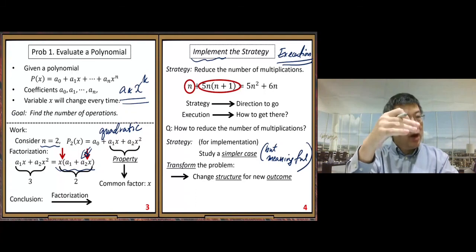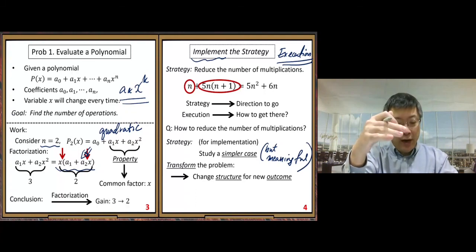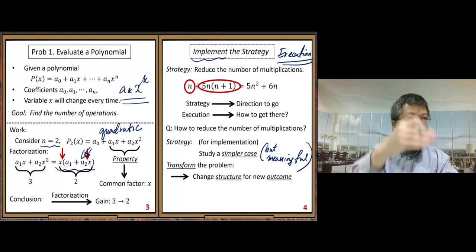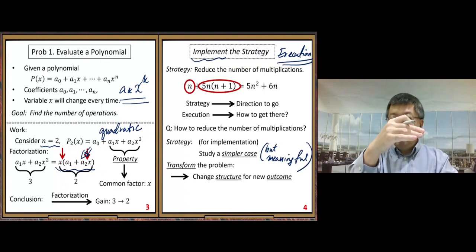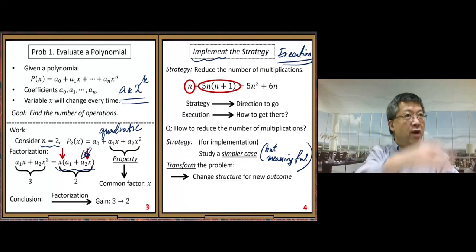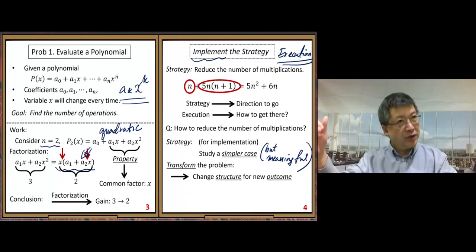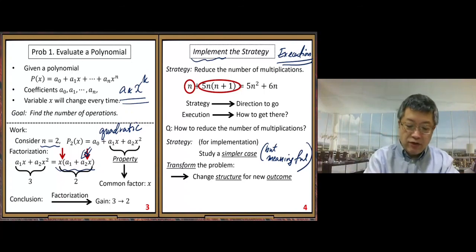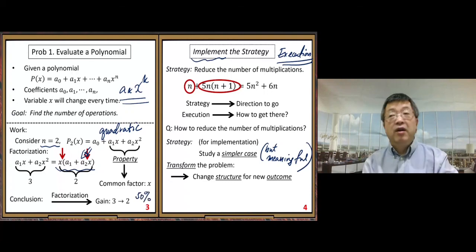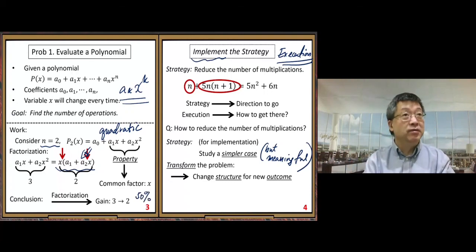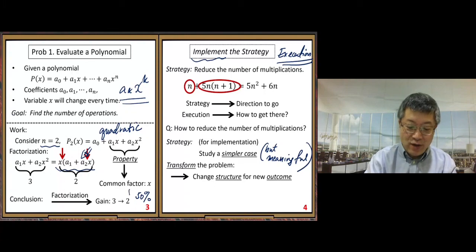As a result of the transformation, our gain in performance is an improvement from 3 multiplications to 2 multiplications. The improvement is 50%. Is that a good improvement? 50% improvement. Is that a good one?